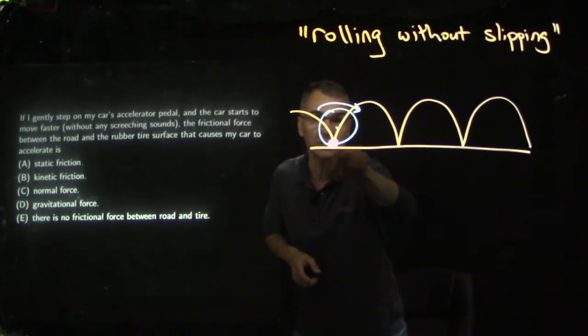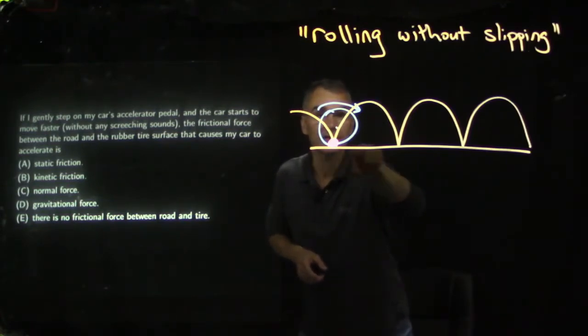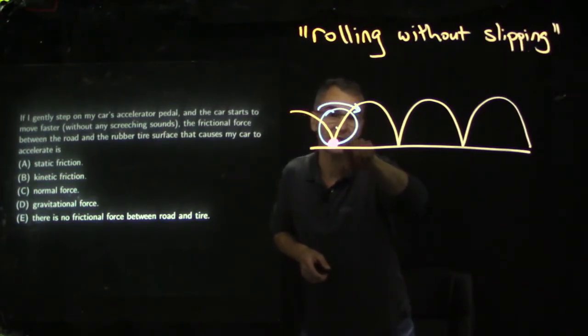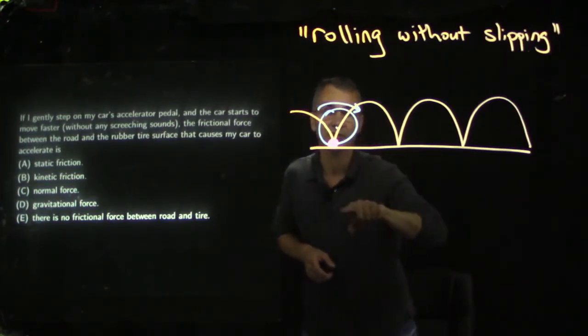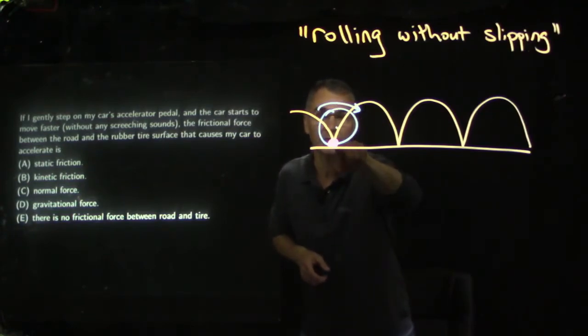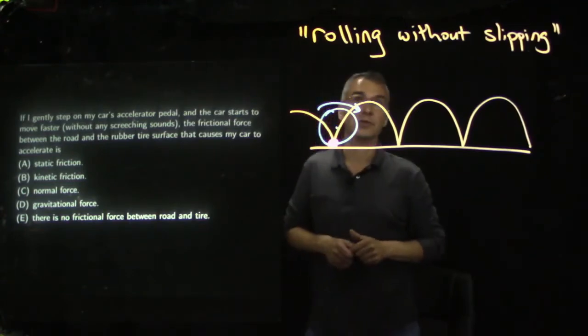So there's actually no back and forth motion between that spot and the sidewalk. That's true an instant later for another spot, and an instant later for another spot. So the instantaneous point of contact between the wheel and the road is not moving parallel to the road if the wheel rolls without slipping.